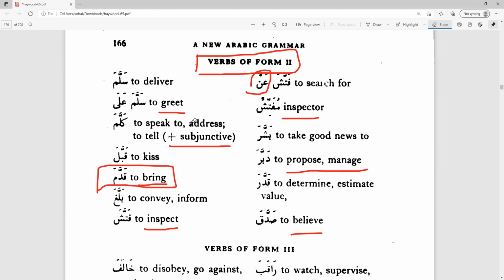It's qabila yaqbalu, and it tells you the meaning: to accept, to receive, and then it will give you form 2. I'll probably tell you guys how to use the dictionary. I'll probably just record it on my phone and send it to you on WhatsApp. But yes, these words have form 1. Okay, sir.